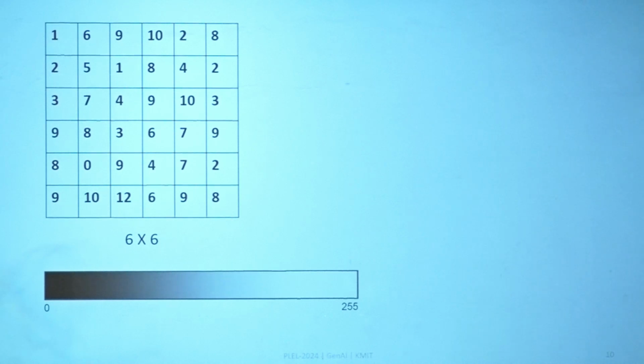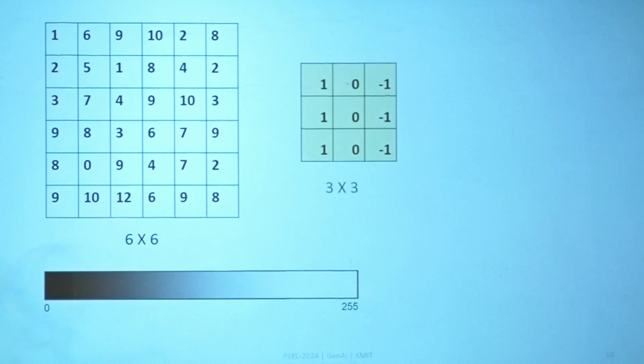I am having a simple 6 by 6 black and white grayscale image with me, and I am using a kernel or filter of size 3 by 3. What is this filter? It is the vertical edge detector that I introduced in the slide just before.